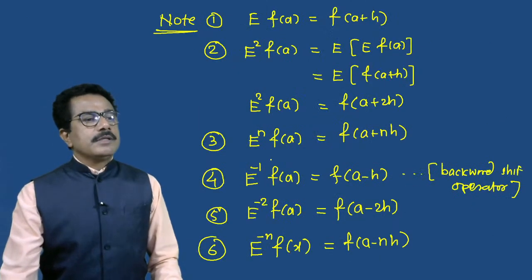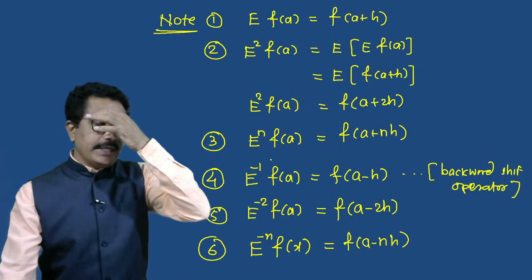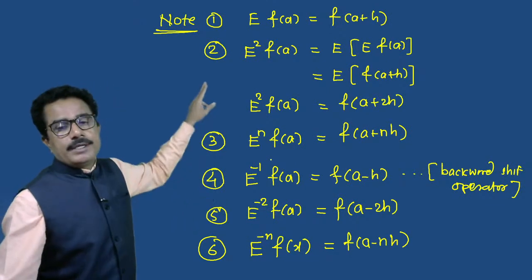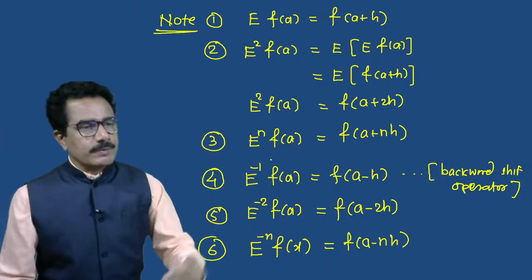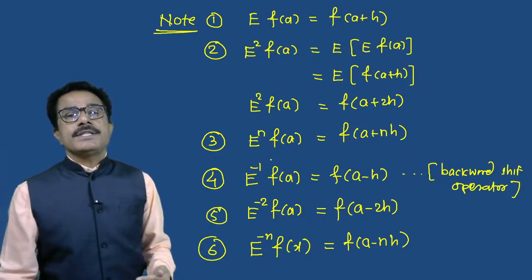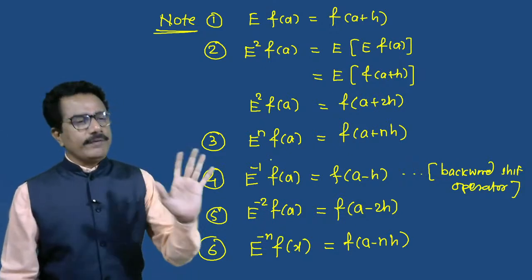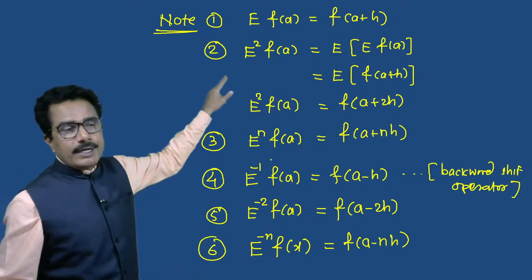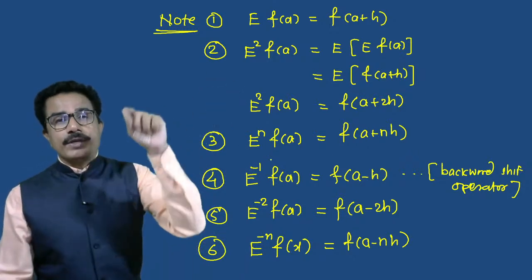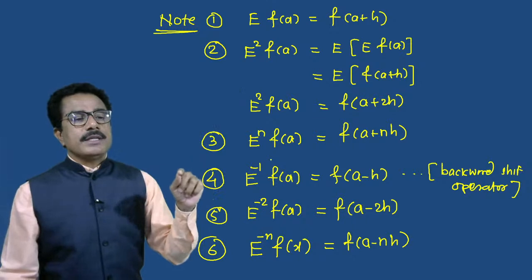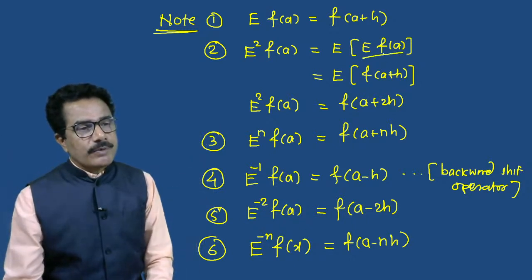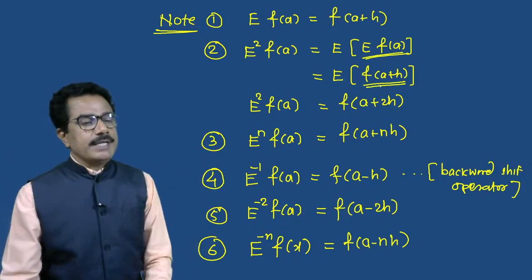Now some important formulae regarding the forward shift operator. E of f of a is equal to f of a plus h, where h is the interval of differencing. E square f of a is equal to E of E of f of a, which gives the value f of a plus h.